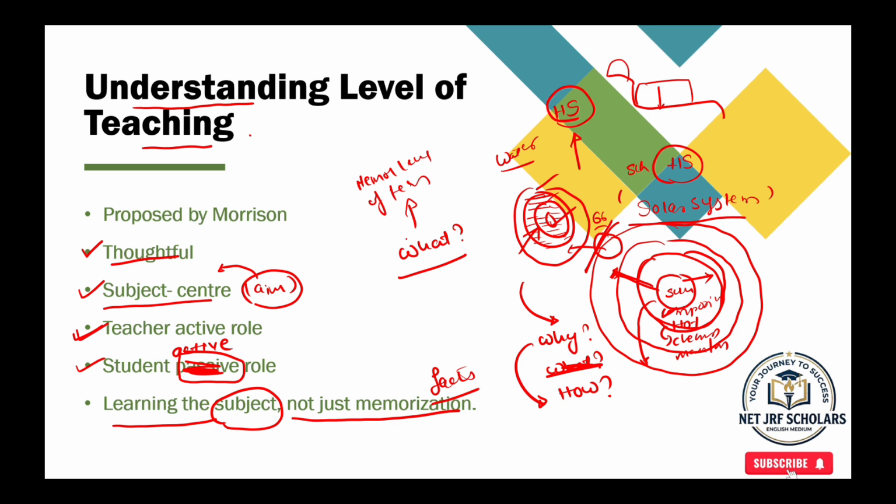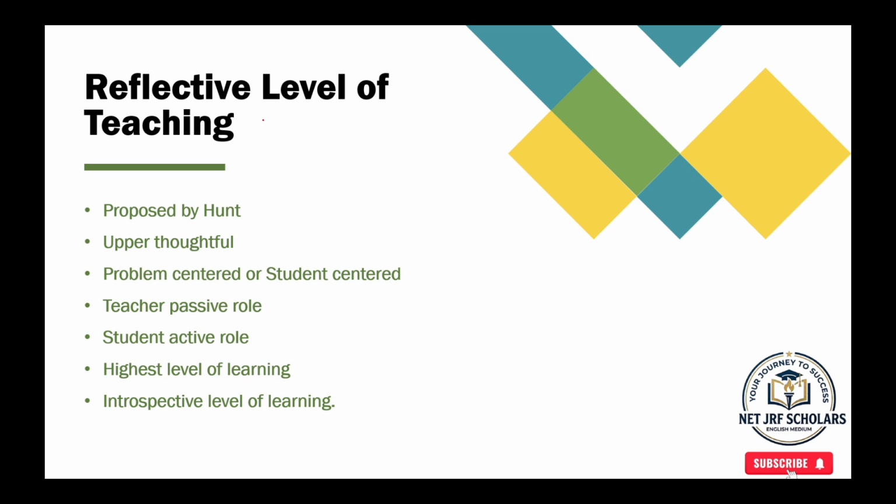What is the capital of Gujarat? What is the capital of UP? And what is the third planet from the sun? So the what question is mostly seen in the memory level. Why and how questions are seen in the understanding level of teaching.